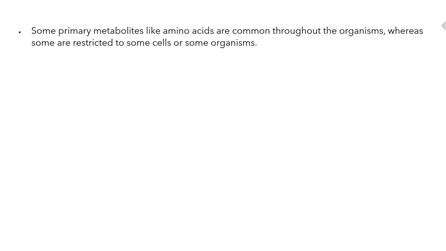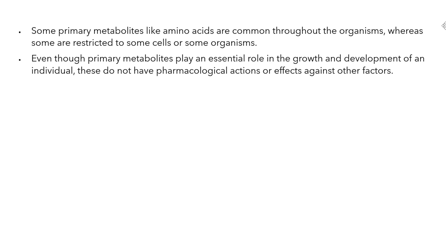Even though primary metabolites play an essential role in the growth and development of an individual, they do not have pharmacological actions or effects against other factors. This is the important point: they play an essential role in growth and development, but they don't have any pharmacological actions.